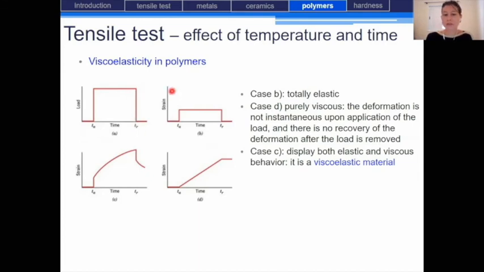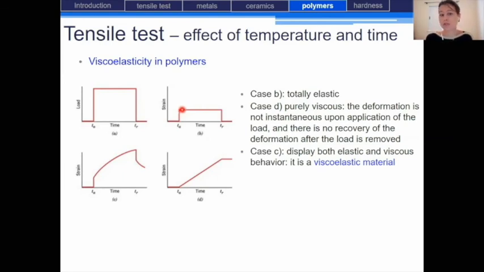So let's consider what is happening with the deformation in different cases. In case B, the strain, the deformation of the material, is 0 up to the application of the load at ta. The strain immediately increases up to a certain value, and this value is maintained.